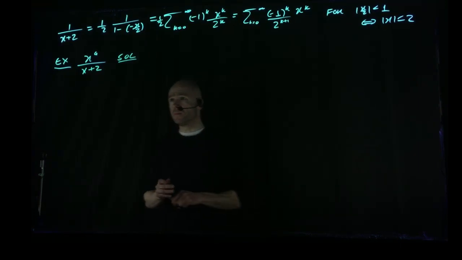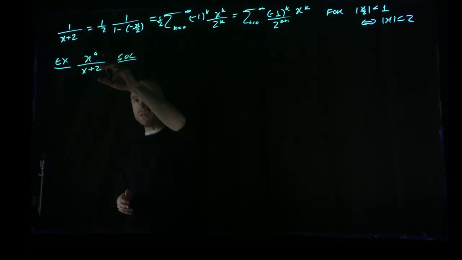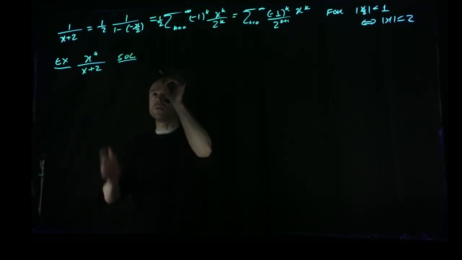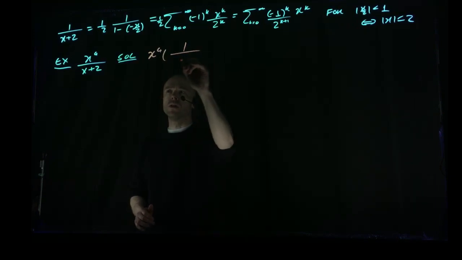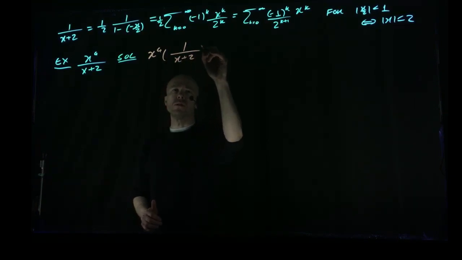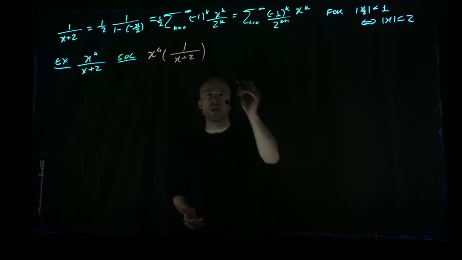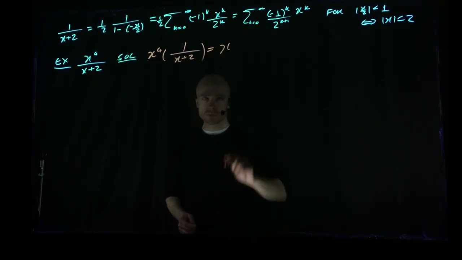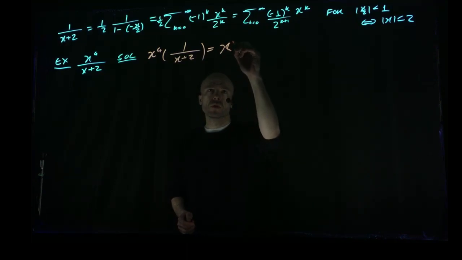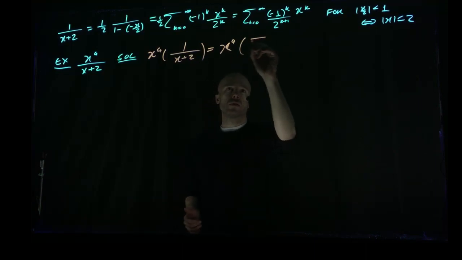If we look at this, it's almost in the form that we had before, except we have an x to the 4 in front. So let's write it as x to the 4 times 1 over x plus 2. But 1 over x plus 2, we already expanded, we know what it is. So this is like x to the 4 times this power series.